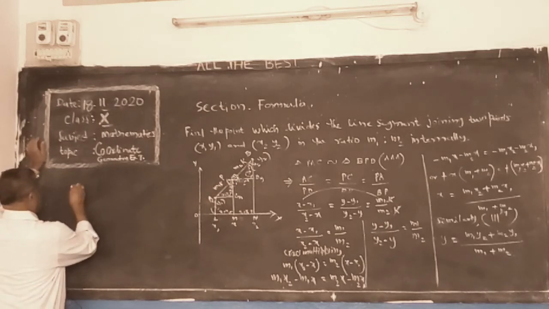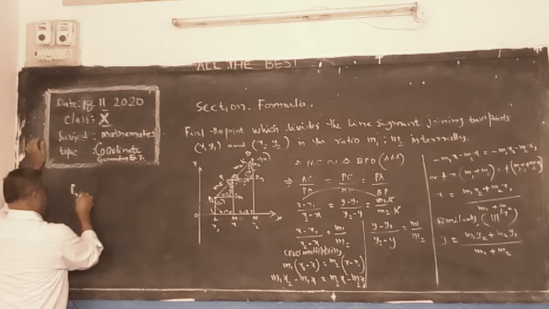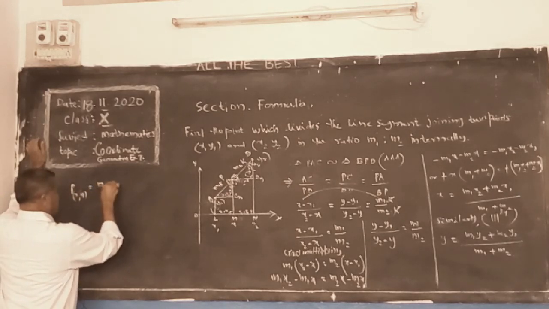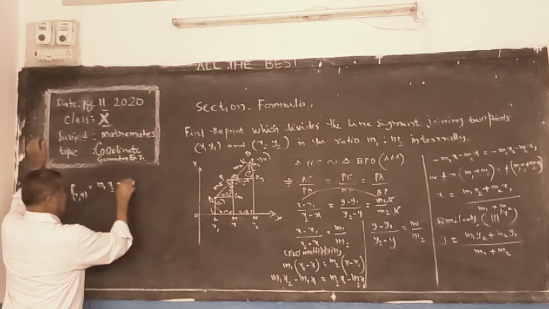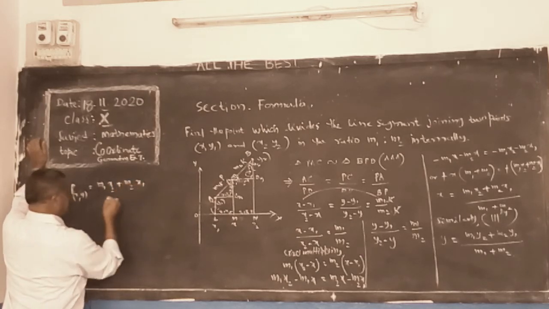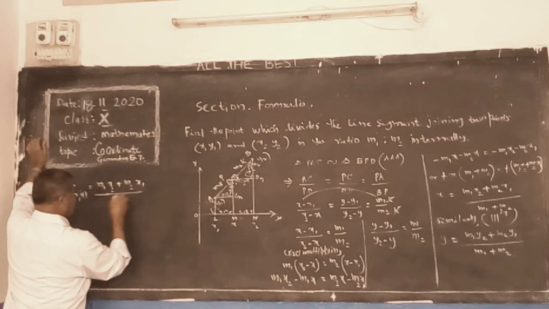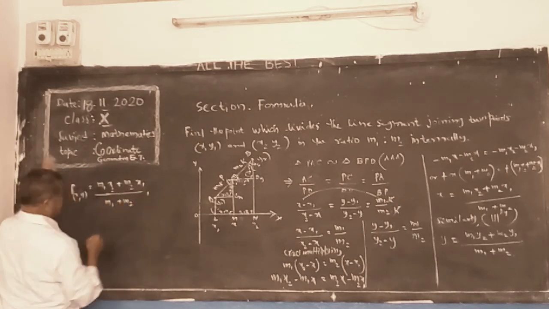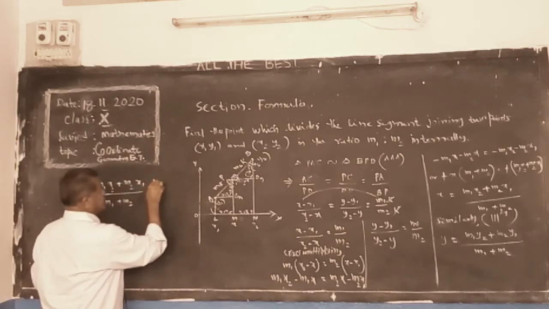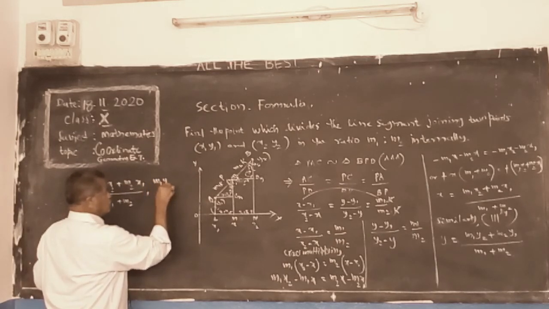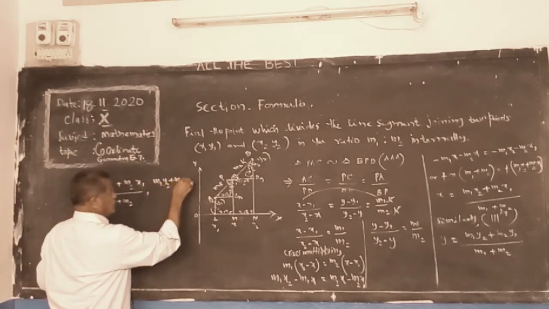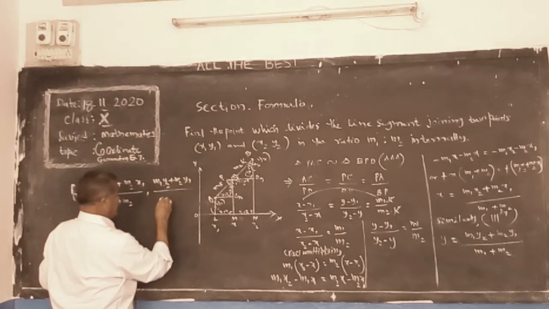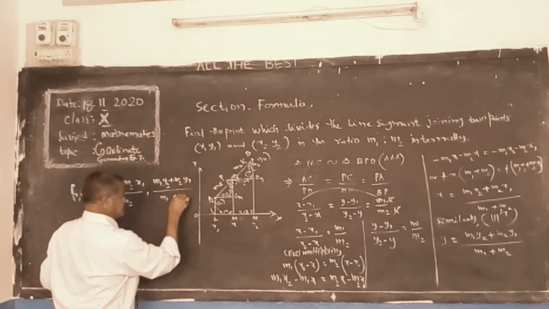Finally, the point P(x, y) is equal to (m1 x2 plus m2 x1) by (m1 plus m2) as the x coordinate, and similarly the y coordinate is (m1 y2 plus m2 y1) by (m1 plus m2).